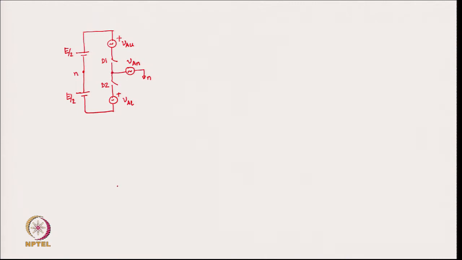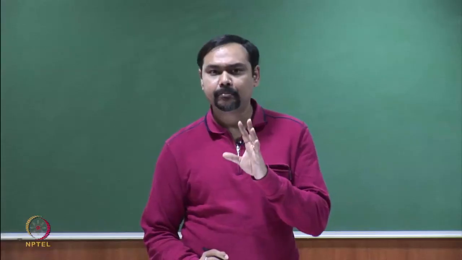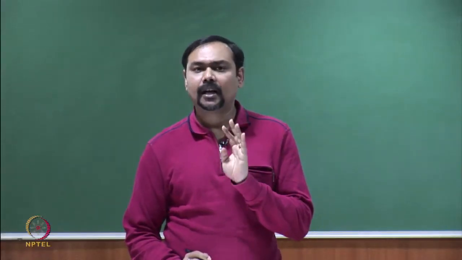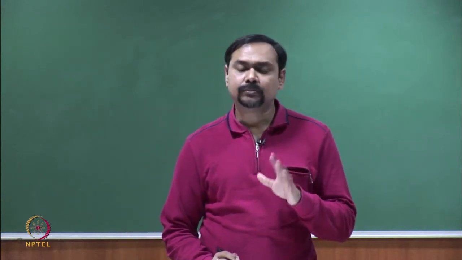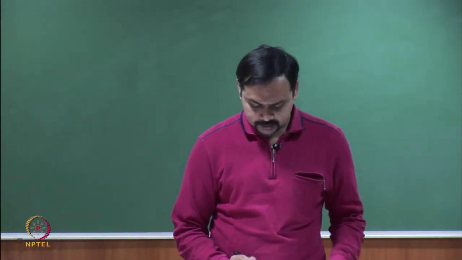So, we can understand the operation of the converter. As I told you, D1 and D2 are complementary. It is not exactly complementary, there is an overlap time period, but let us first assume that D1 and D2 are complementary.